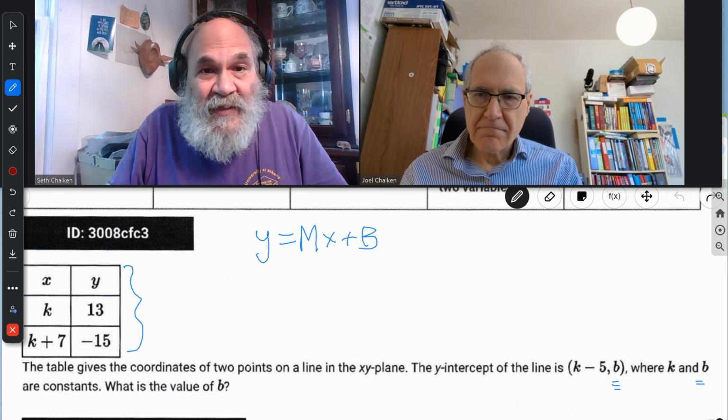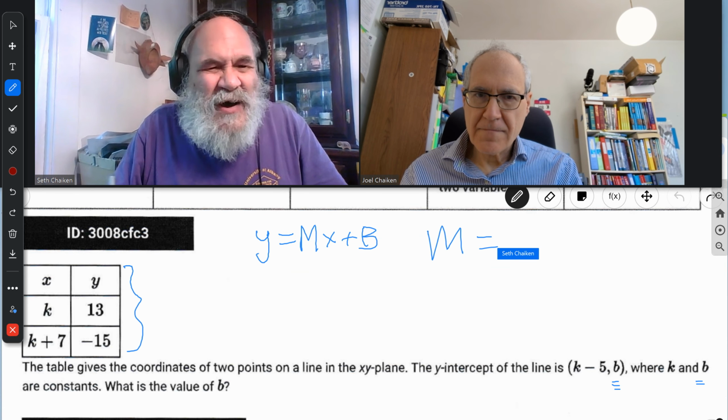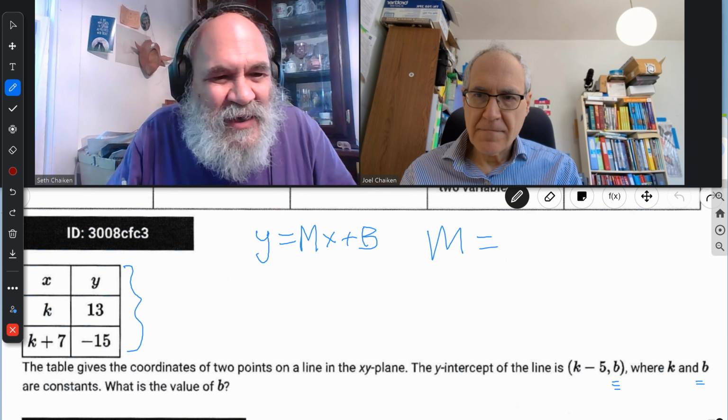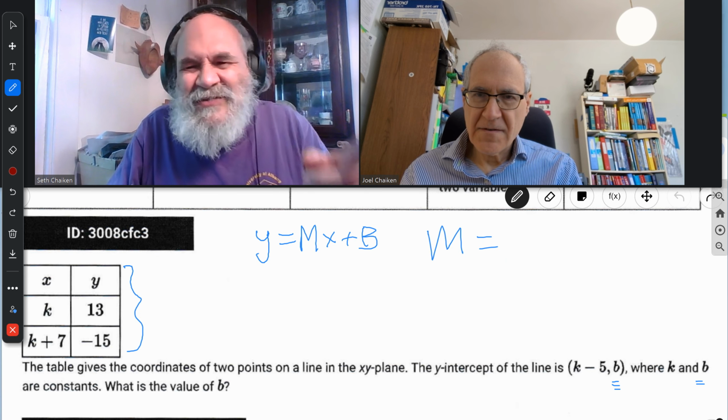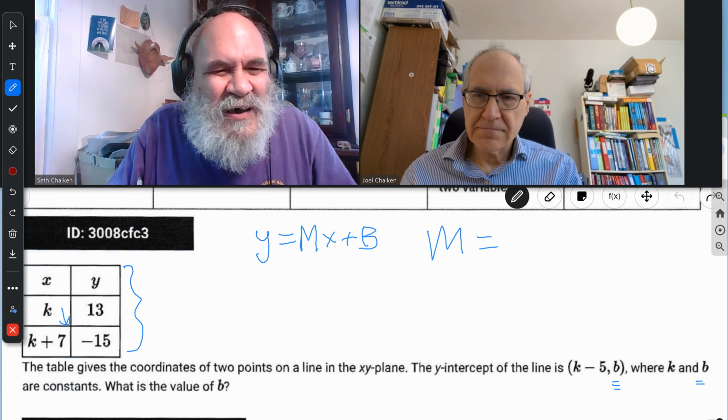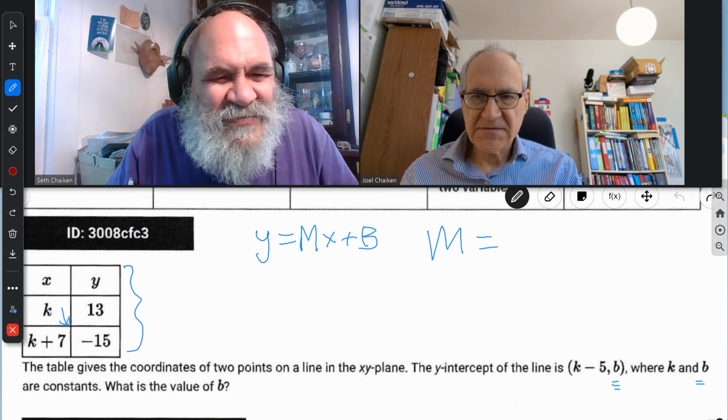M is, well, when x goes up by 7, y changes from 13 to 15.